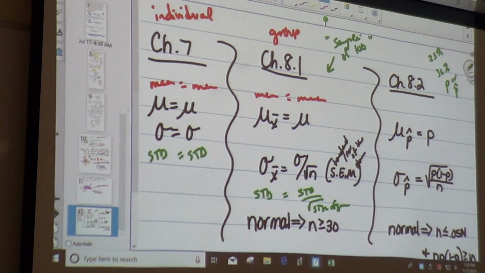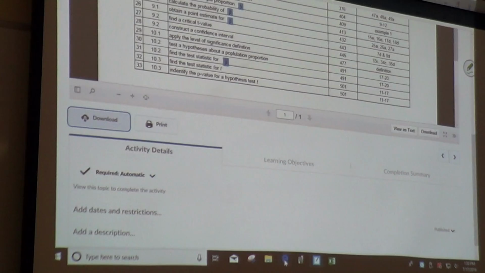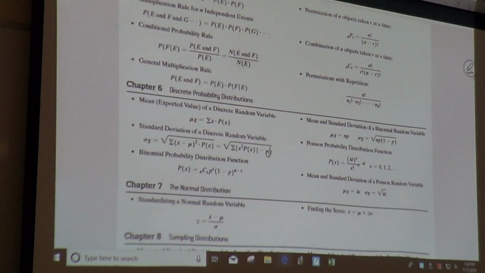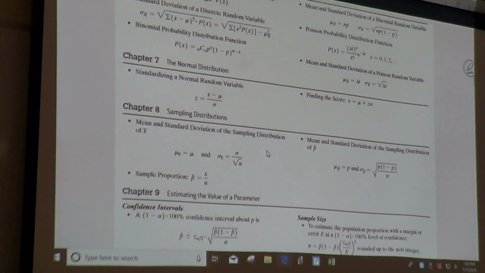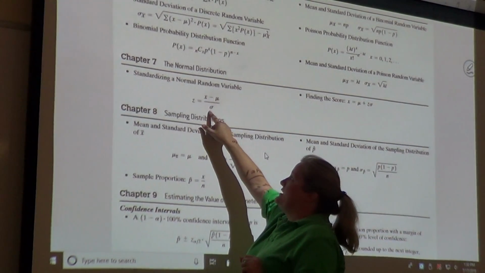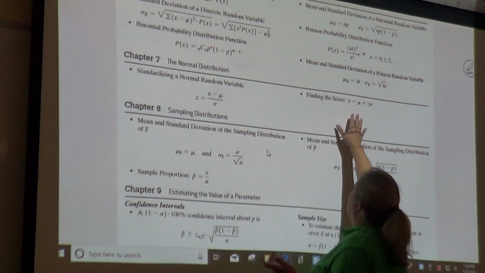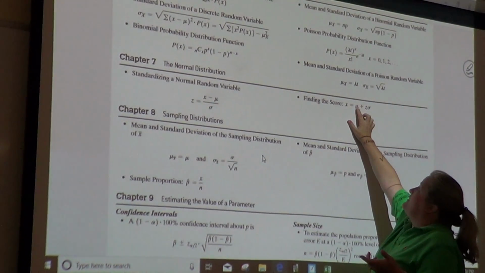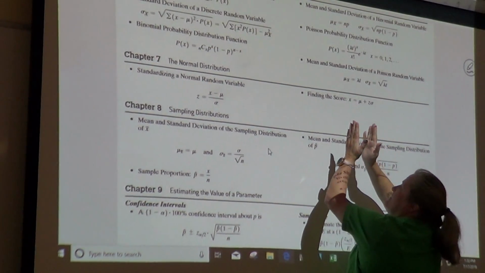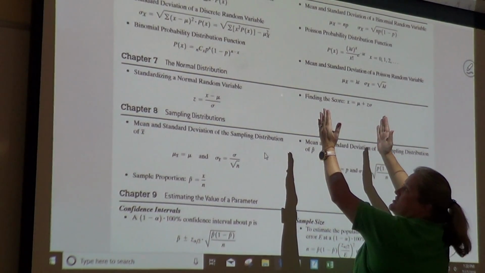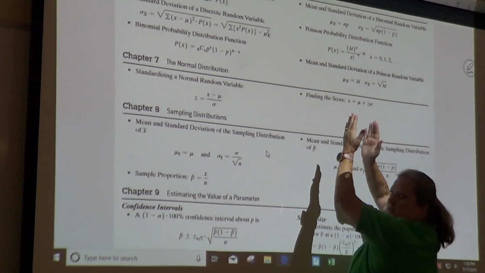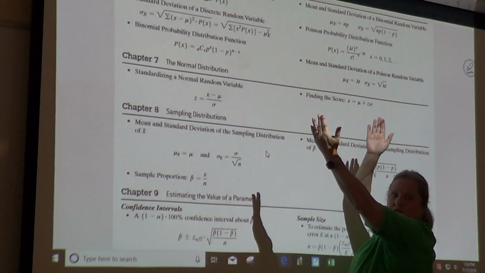Now, on your formula sheet, this is the 7 and 8 test. For 7, they told you that z-score was data minus mean over standard deviation. And they told you the mean plus however many standard deviations, and we talked about last time, that the mean plus 1 standard deviation on either side was what percent? 68.